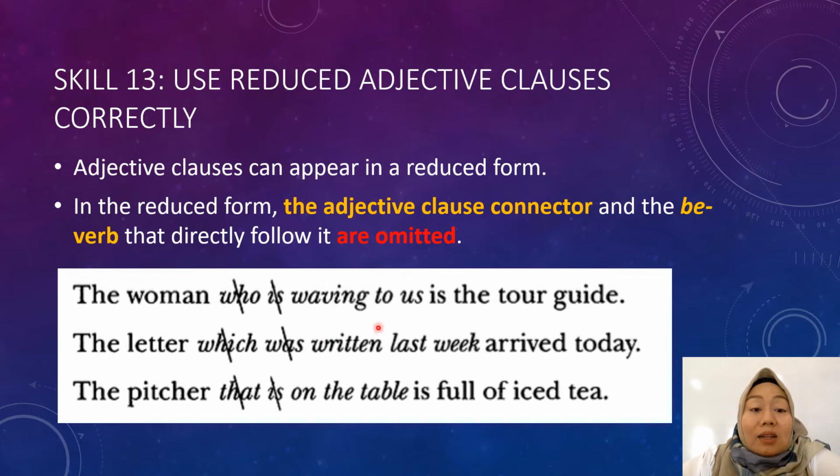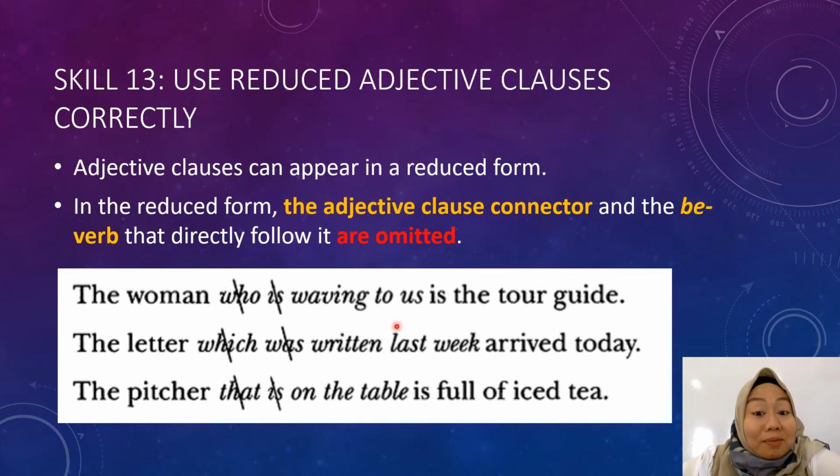See, the clause reduced into only waving to us. And if you remember the previous skills, waving to us, do you still remember? When we reduce an adjective clause, it becomes a present participle phrase, waving to us.